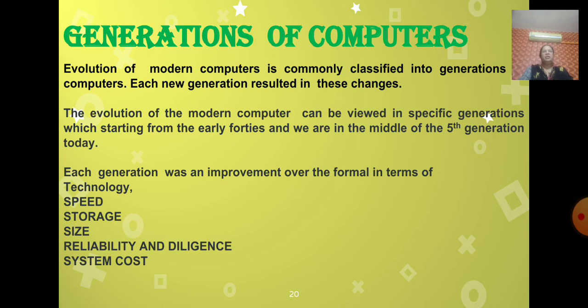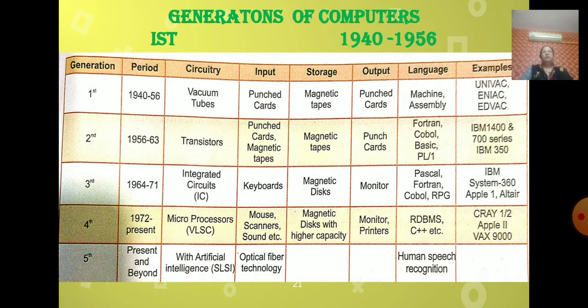Each generation was an improvement over the former in terms of technology, speed, storage, size, reliability and system cost.